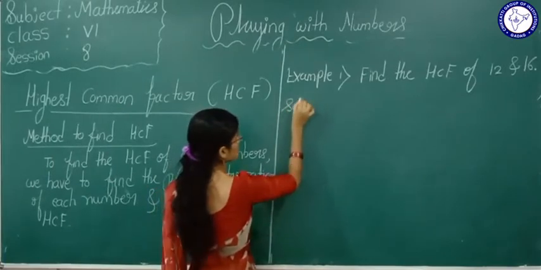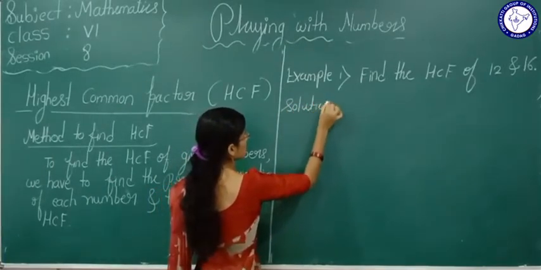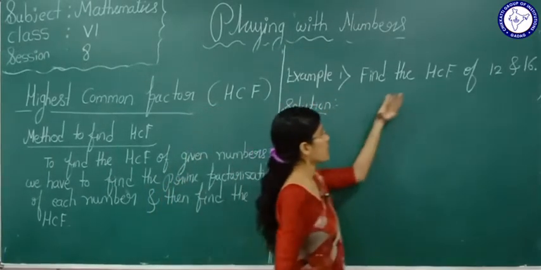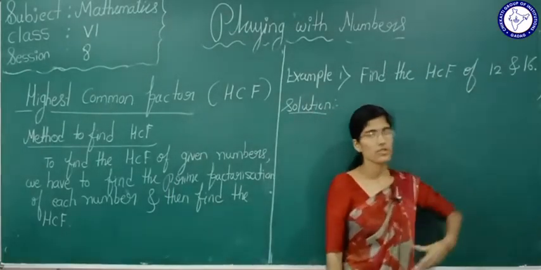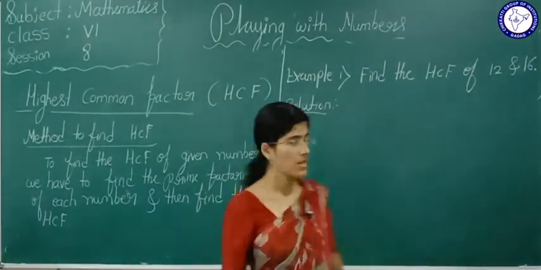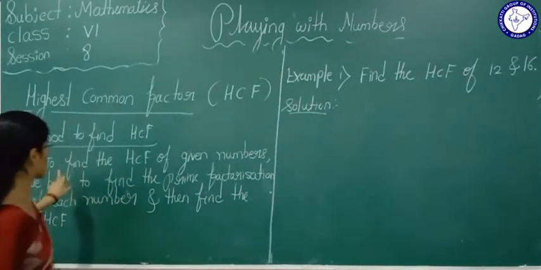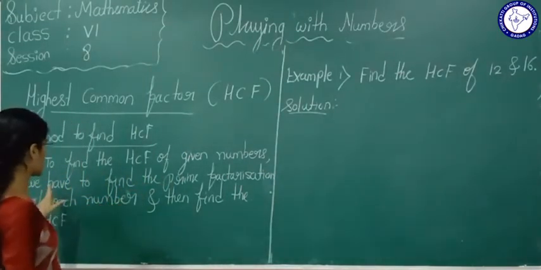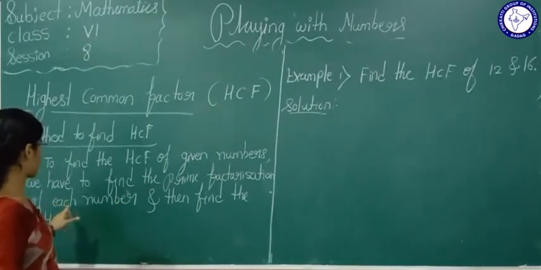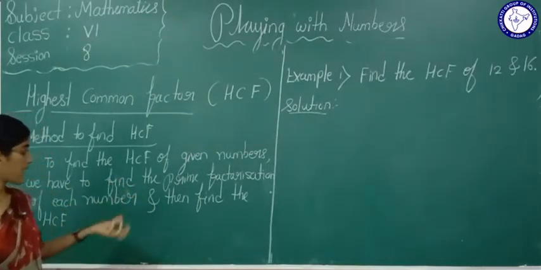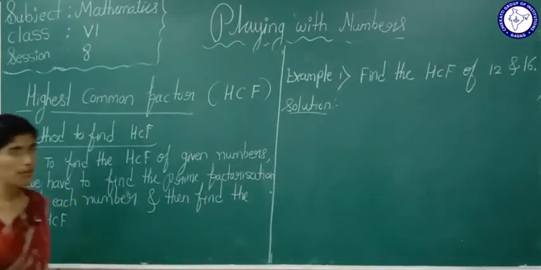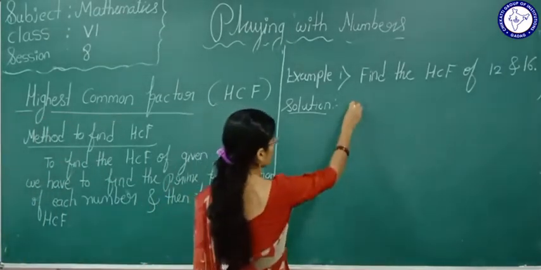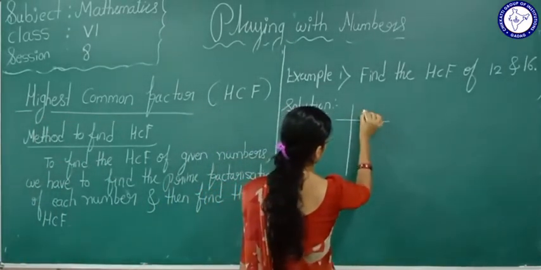See the solution. To find the HCF of given numbers, we have to find the prime factorization of each number. Now see here, do the prime factorization of each number.